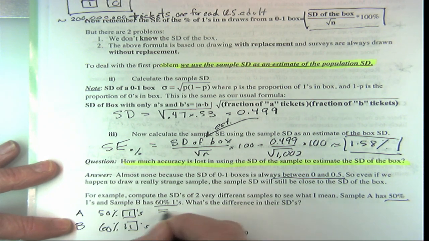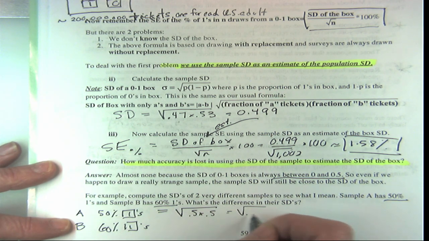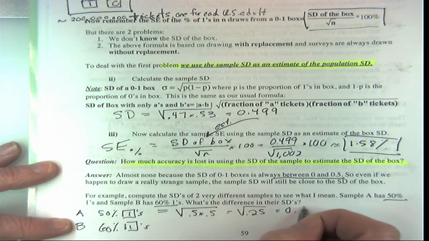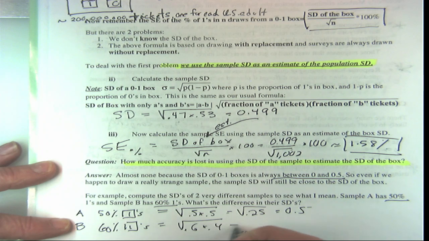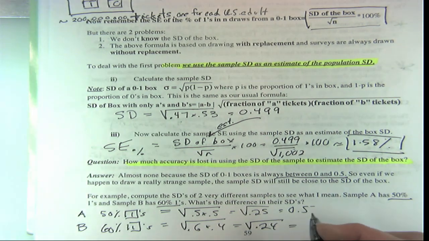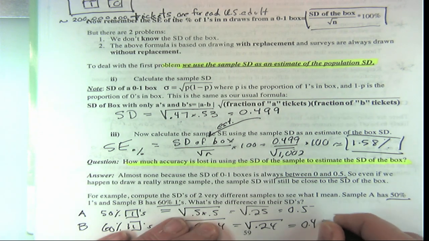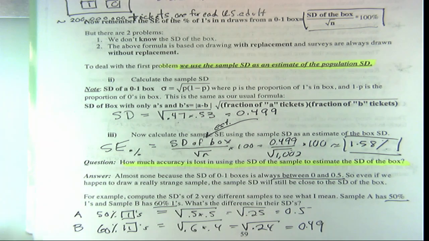This one is the square root of 0.5 times 0.5, which is the square root of 0.25. And this one is the square root of 0.6 times 0.4, which is the square root of 0.24, which is equal to 0.49. So for percent problems, it's not a problem that we don't know this.